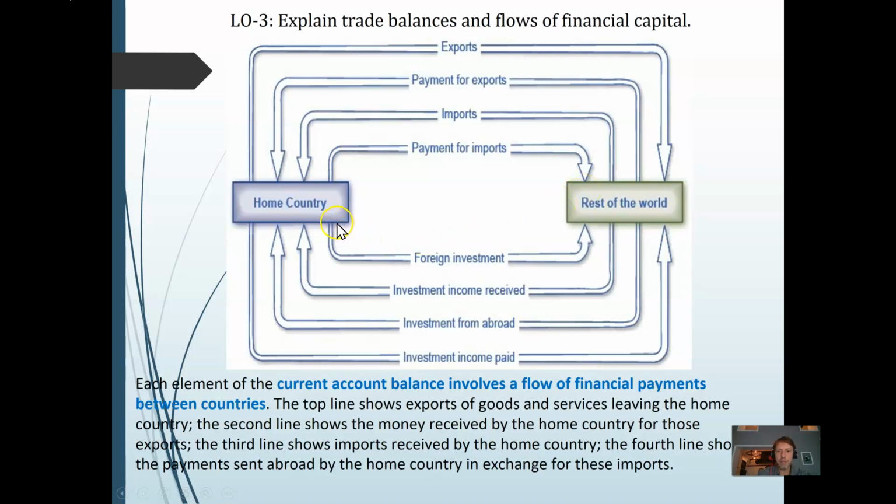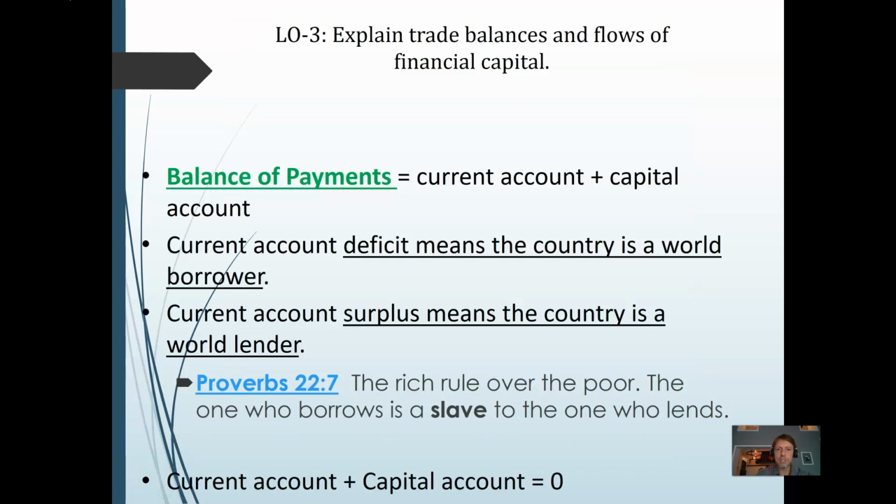Then you can come down to the bottom. We make foreign investments in other parts of the world. They give us the income, the benefit of those investments back. They make investments here in the US, and we send them the income that they've earned off of those investments.